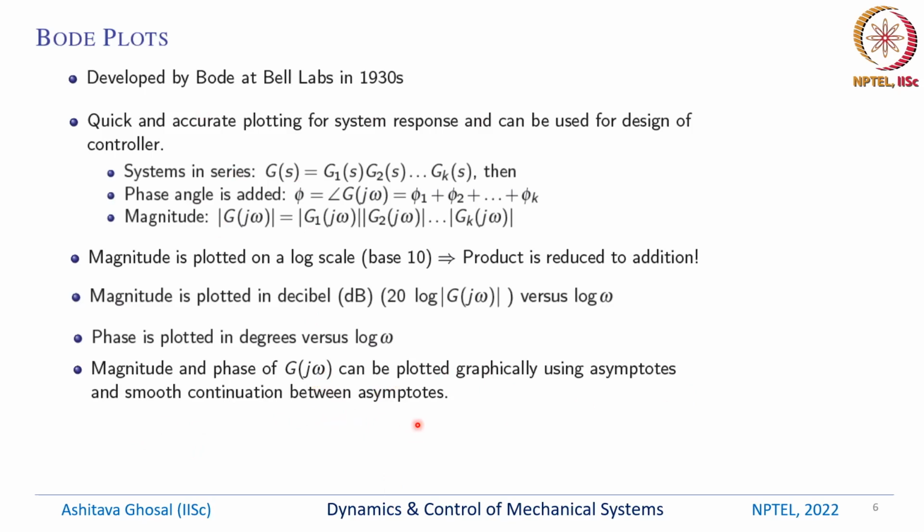asymptotes. So it is very, very easy to plot, especially the magnitude, because we can see that the magnitude in log scale is the magnitude of this plus the magnitude of this, and so we can keep on plotting separately for each one of these transfer functions, G1, G2 and so on, and then we can smoothly connect all these various pieces, and then we can get the magnitude of the complete system.